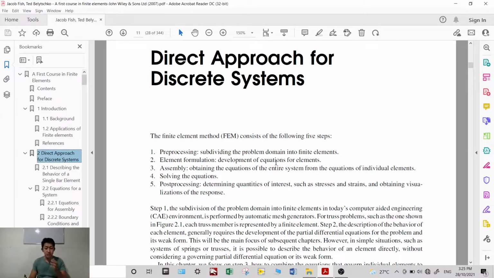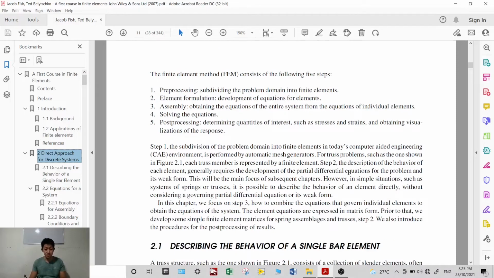Once you have the equation for the entire system, that's the time you solve the equations based on the boundary conditions. After solving, conduct post-processing, or determining the quantities of interest such as stresses and strains. And that is the visualization.